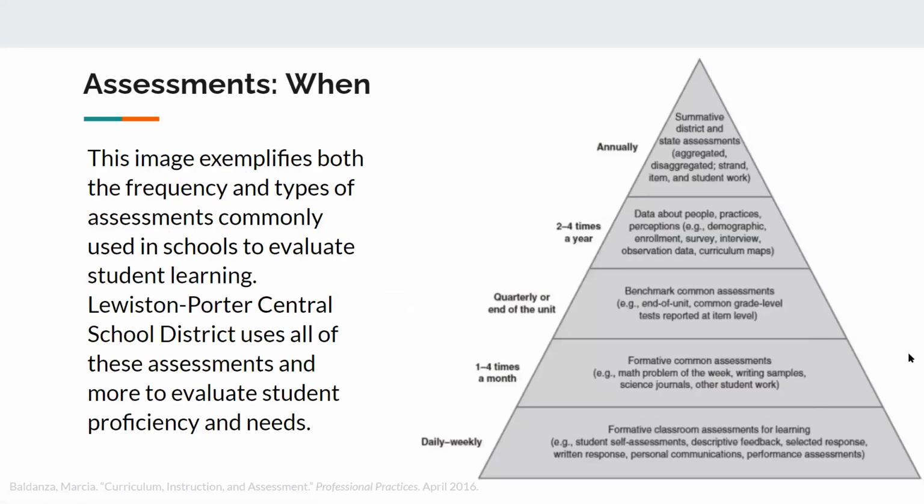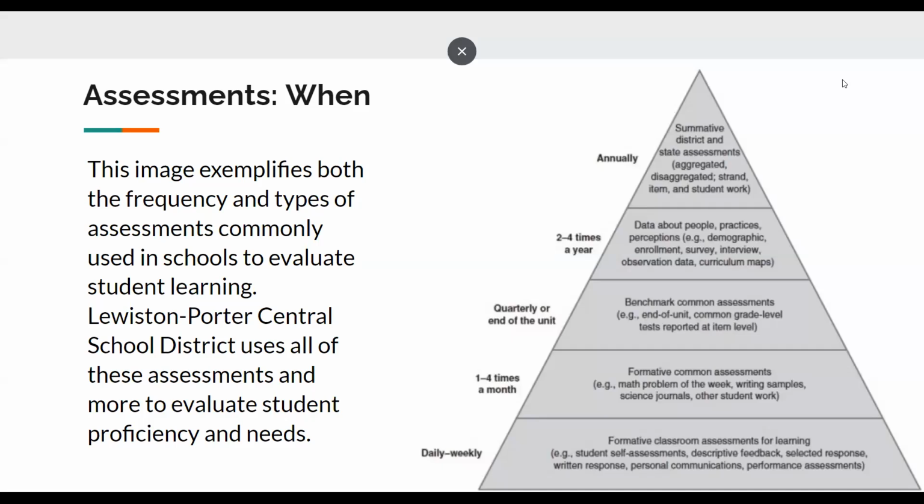There's also different times that you would give assessments. So you might give assessments annually. Those are the least frequent. So at the highest end of this pyramid, these are the least frequent. And at the lowest end, we have the most frequent.